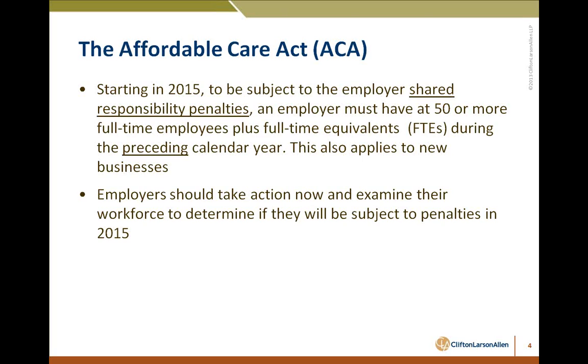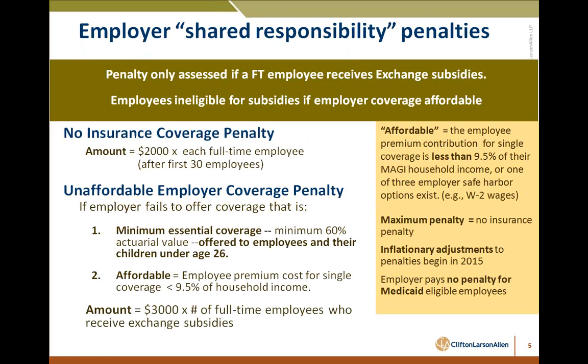The reason we're talking about it now is because a lot of it relates to how you identify those workers in 2014. I know we're still in 2013, but time is going by really quickly, so we're trying to give you information well in advance so that you can understand what you may be facing in the future.